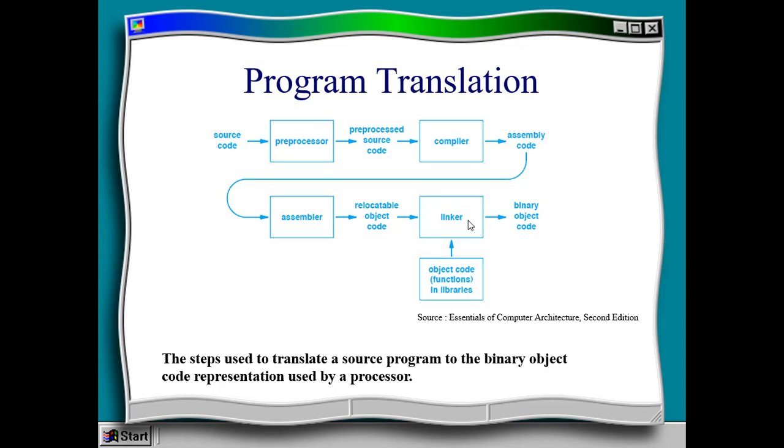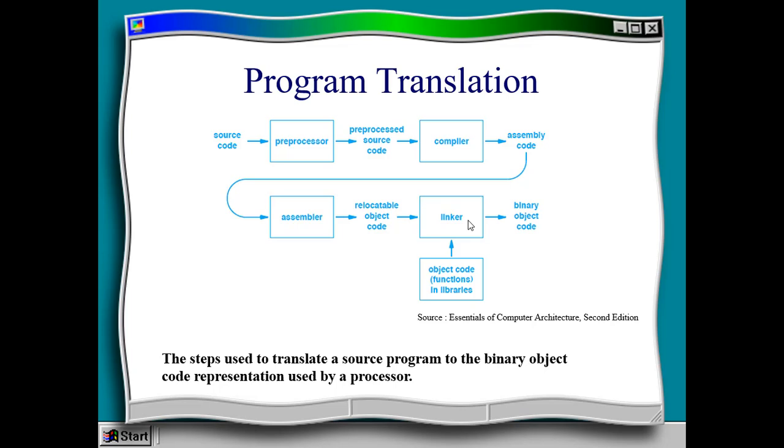To do so, the linker extracts the functions from one or more libraries to find the binary code for the function. So these steps translate the source program to the binary code representation.